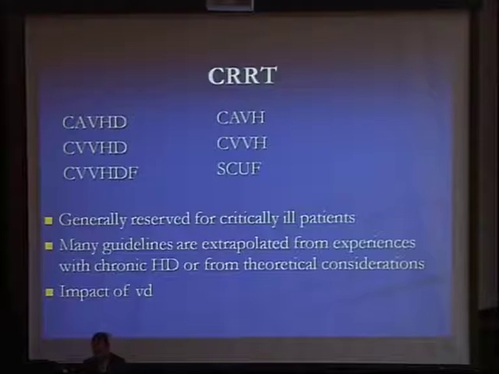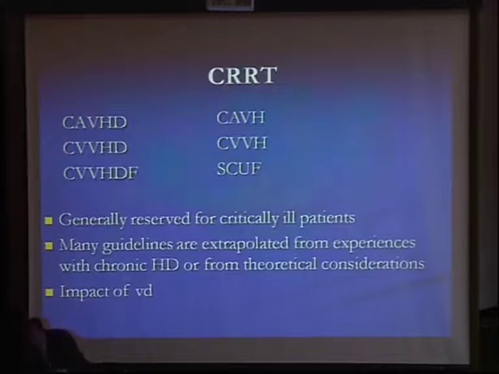And unfortunately, many guidelines are extrapolated from experience with chronic intermittent hemodialysis or from theoretical considerations related to the pharmacokinetics of the drugs. The impact of volume of distribution in continuous therapy is going to be very small because drugs are rapidly equilibrated across the different body compartments.